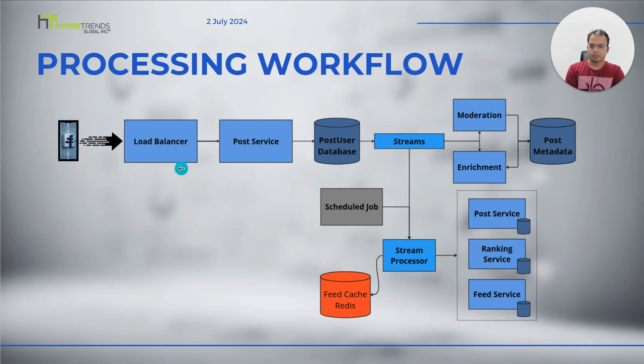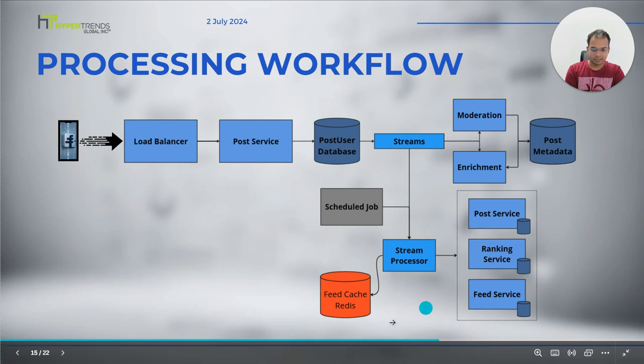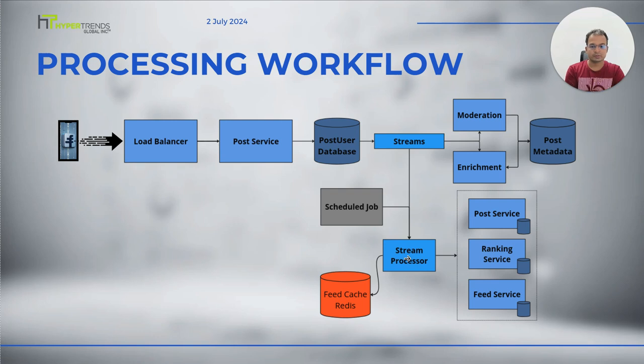The user creates a post that will come to the post database. The stream processor, moderation, and enrichment workers will do some process, and then metadata information is stored here. Again, from that, this is the additional flow that I've added. So that stream will go to the stream processor. That stream processor, again, can have multiple workers, right?